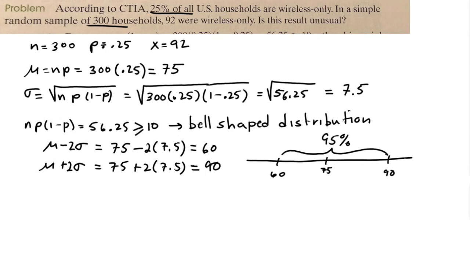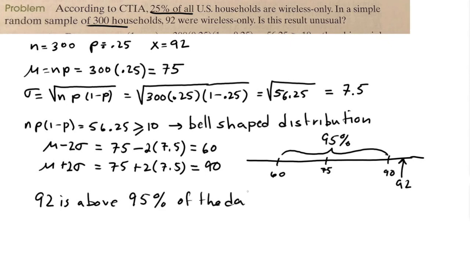So what happens with that 92? Well, that 92 falls out here. If 92 falls out there, 92 is above 95% of the data. Because it's above 95% of the data, we'd call this an unusual value.